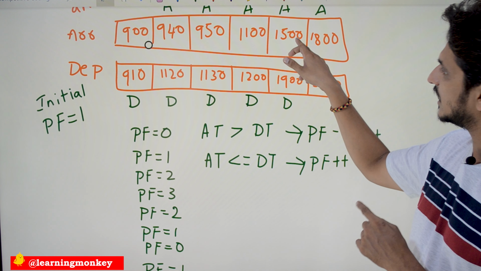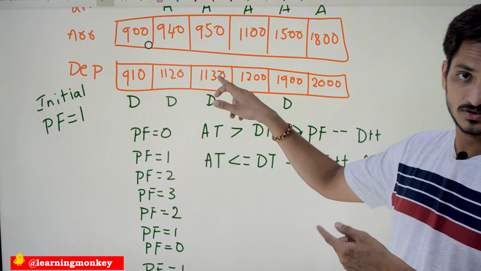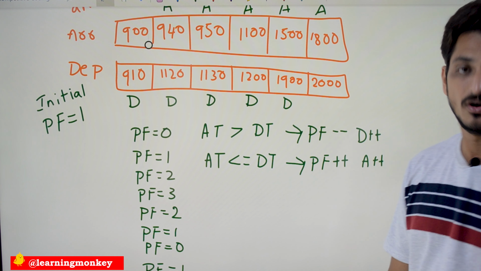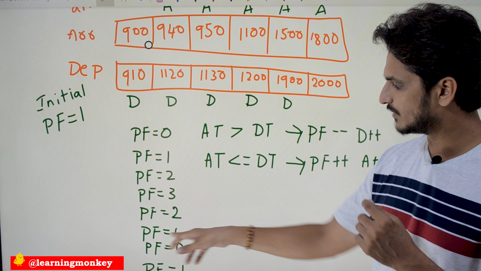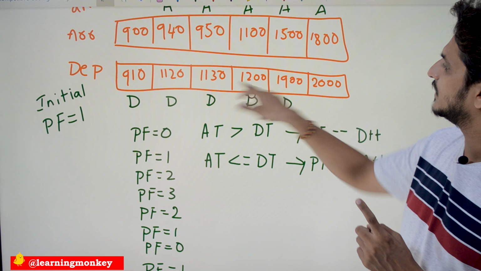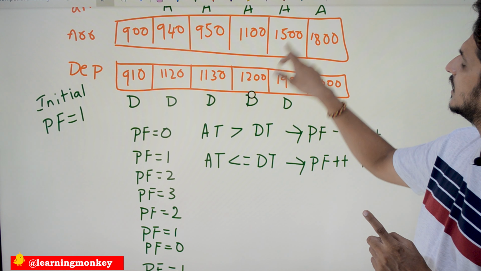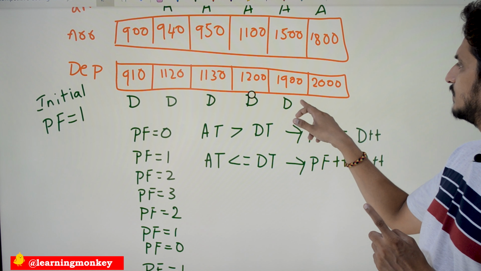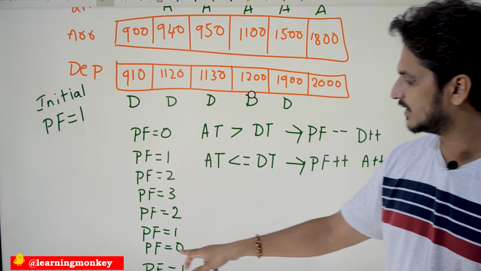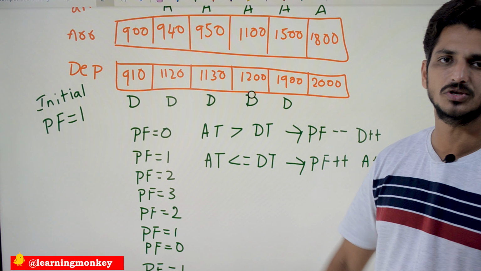So before this train arrives, this train is also leaving. Platform minus, so the number of platforms required is 1. Then D++, D is pointing here. 15 is greater than 12, so D++, D pointing here, and platform minus, number of platforms assigned is 0.